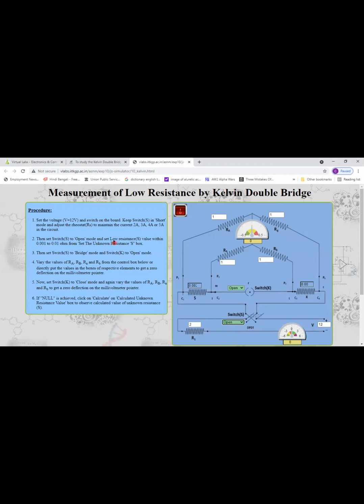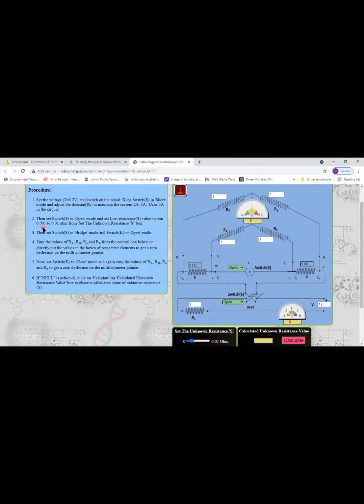Set the low resistance S value within 0.001 ohm to 0.01 ohm from the set unknown resistance box. Look, the set unknown resistance box is here. Here is 0.01 ohm, this is 0.001. So I am doing this more or less.